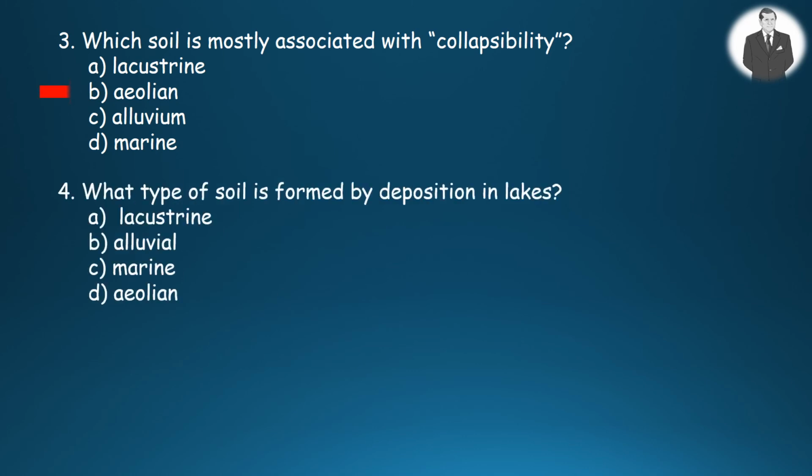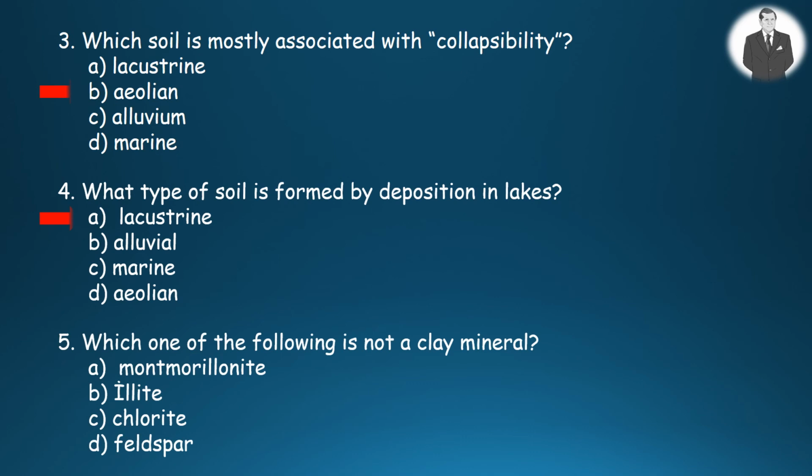And the next one, what type of soil is formed by deposition in lakes? Congratulations. The right answer is lacustrine. And the next question, which one of the following is not a clay mineral?